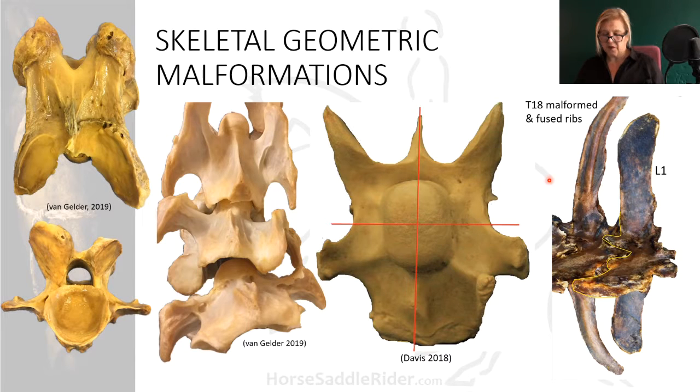Personally, I came across a case of transitional last rib in a sport horse that I had dissected. This is a normal lumbar vertebra. This is an abnormal or malformed vertebra with the last rib. This is mimicking the transverse process of L1.